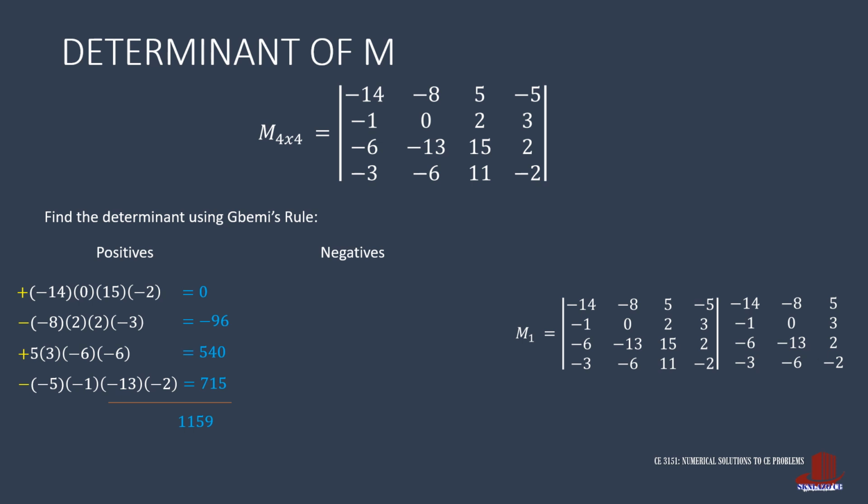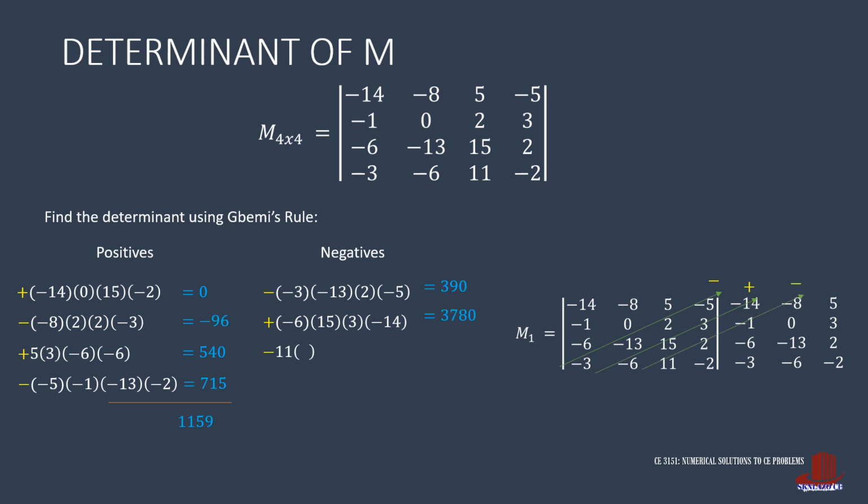Next are the negatives. The first anti-diagonal has elements -3, -13, 2, and -5. Multiply together with the preceding negative sign to give positive 390. The second anti-diagonal involves -6, 15, 3, and -14, multiplied into positive 3,780.